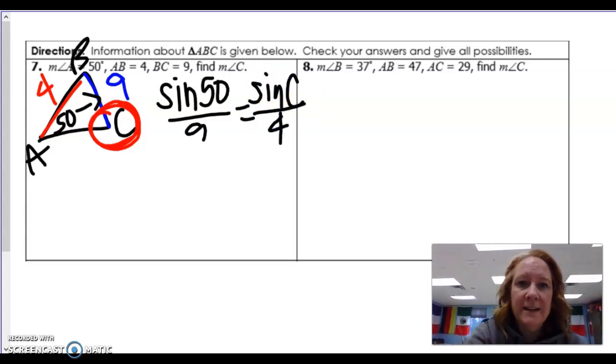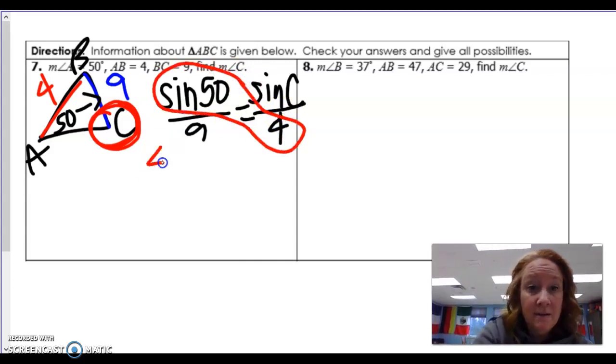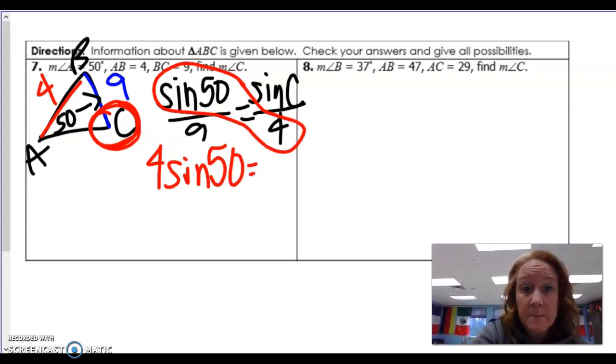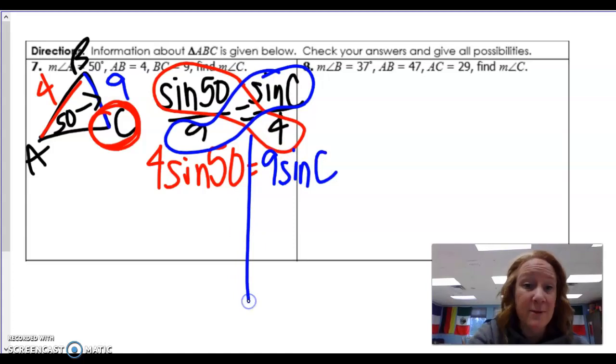Okay, so if I go through and put the work together, I end up with 4 times the sine of 50 equals 9 times the sine of C. How do I undo that 9?